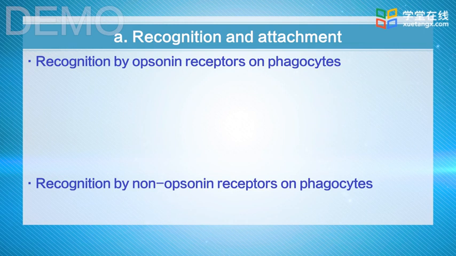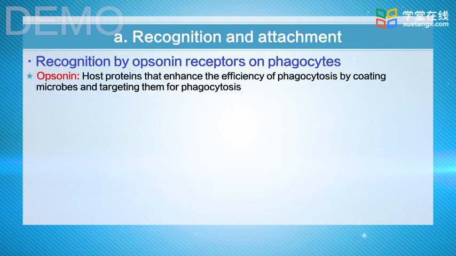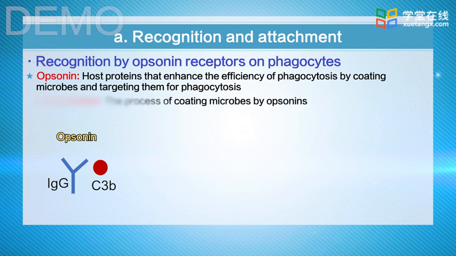What are the opsonins? They are host proteins that enhance the efficiency of phagocytosis by coating microbes and targeting them for phagocytosis. Immunoglobulin G antibodies, complement C3b, and certain plasma lectins are the major opsonins. The process of coating microbes by opsonins is called opsonization.